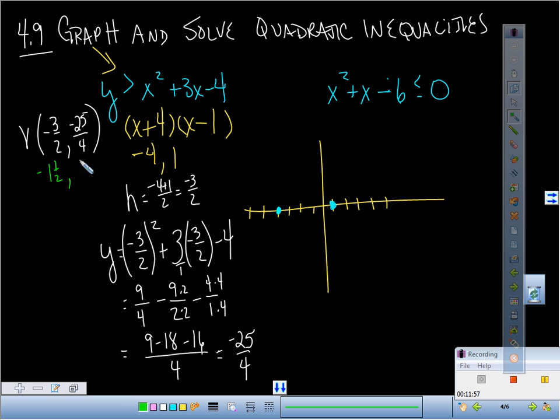How many times does 4 go into 25? 6 times with 1 left over. Now I know where that number is. Okay? So I got negative 1 1/2. Oh, I got to put some little tick marks down here. Negative 1 1/2. Negative 6 1/4. And here is my parabola.